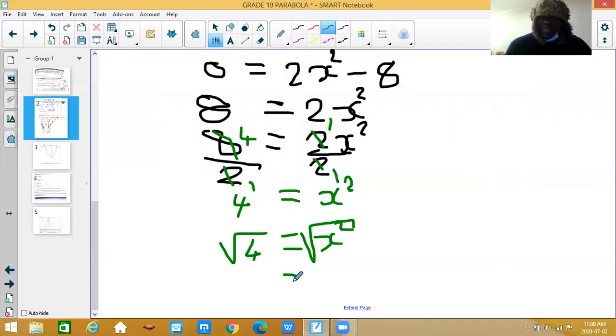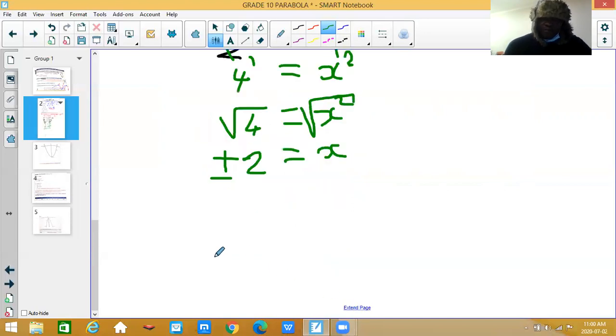Now, what is the square root of x squared? It is x. What is the square root of 4? Be careful. This one is plus or minus 2. What does this mean?